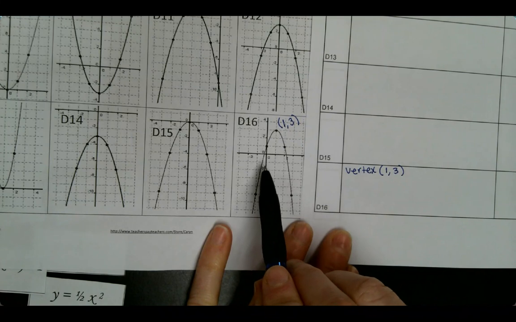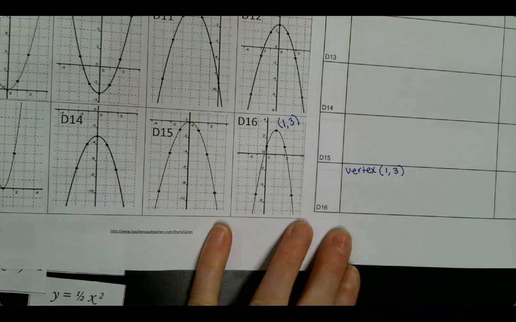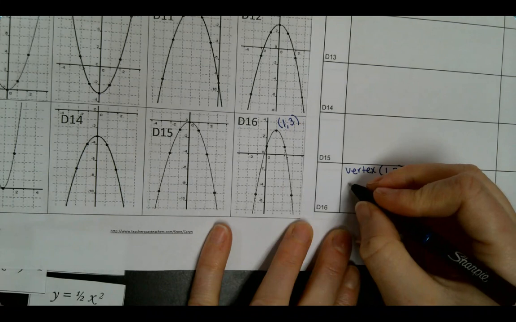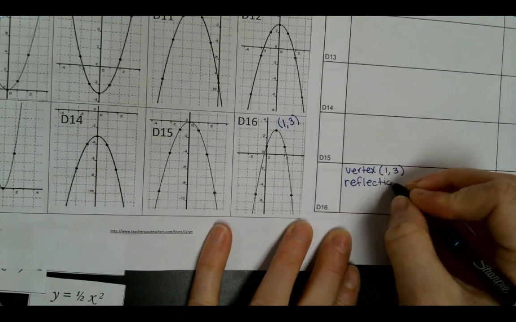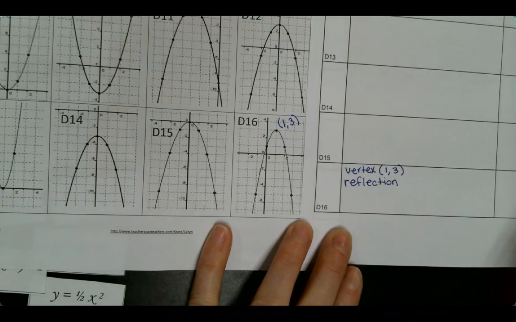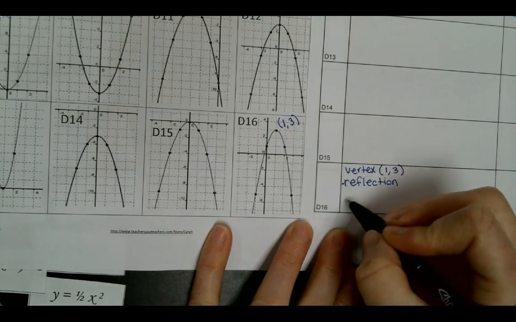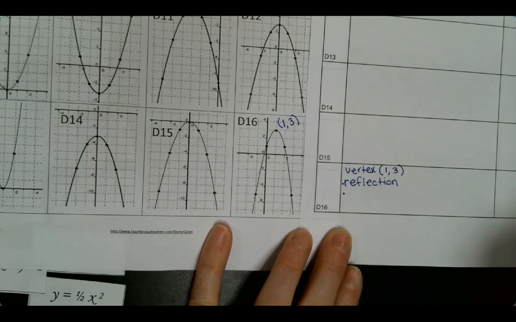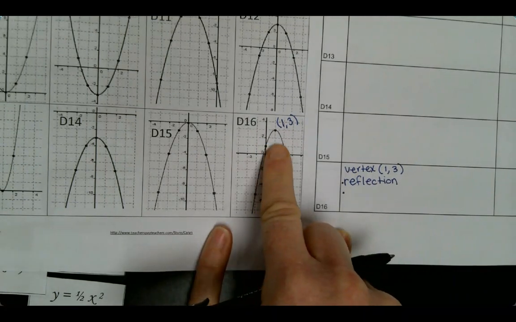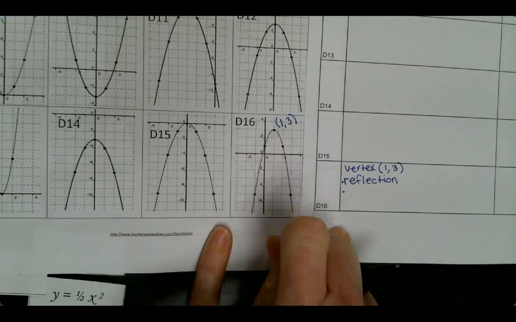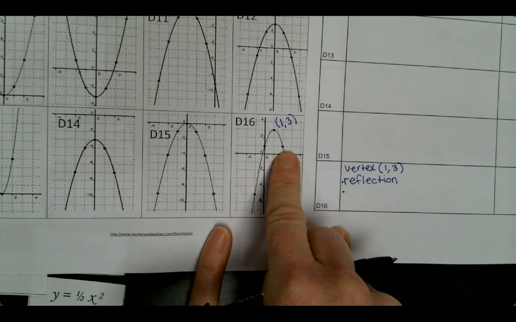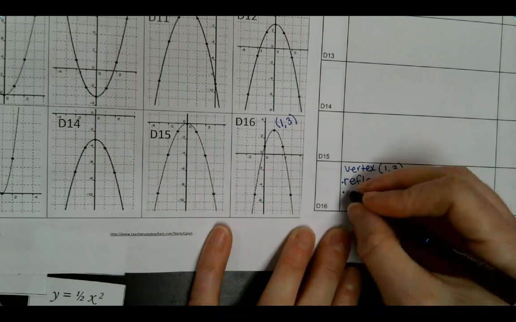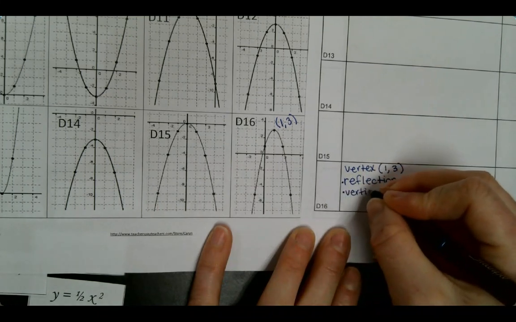Let's see what else we need to come up with. It's a reflection. So go ahead and write that because it's opposite of the U. We have a reflection. And does it have the 3 points in a regular size bowl? Look at the 3 points. Are they in a regular size bowl? No. Is it a stretch or compression? Stretch, yeah. Vertical stretch.